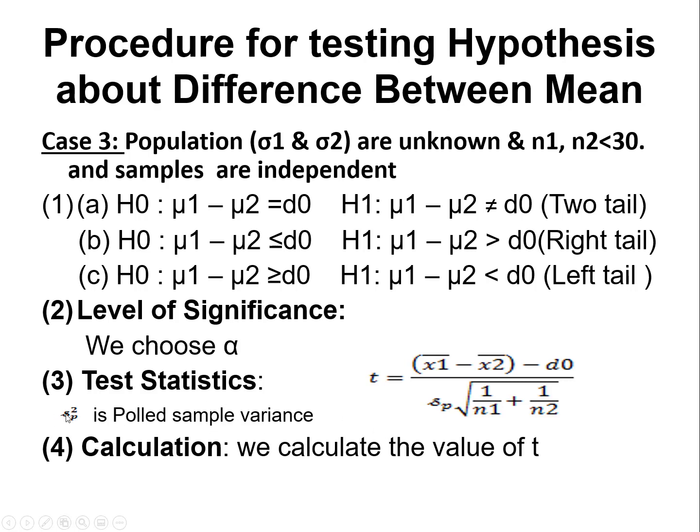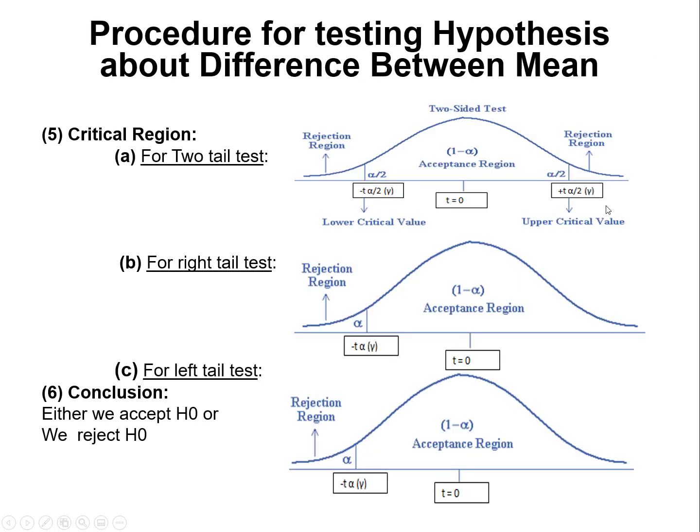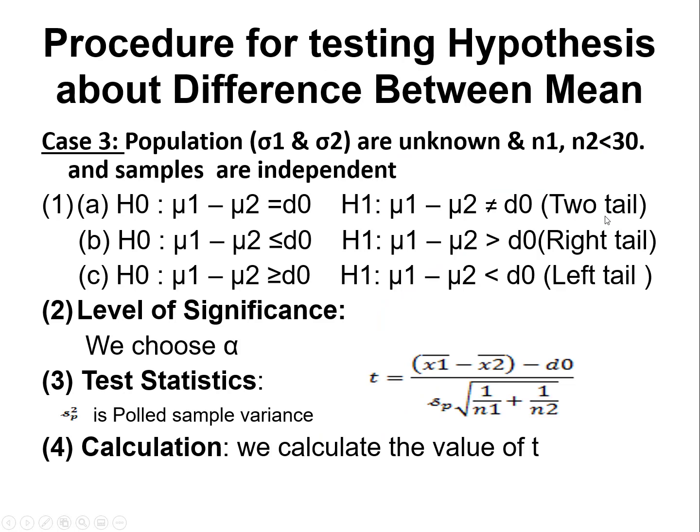We will use a formulation in order to calculate this because we are conducting a hypothesis test for two types of samples. So there will be two sample means and two sample sizes, and then we will calculate the t value.